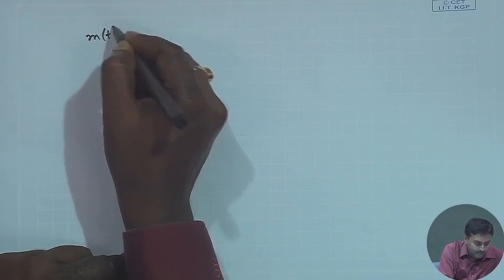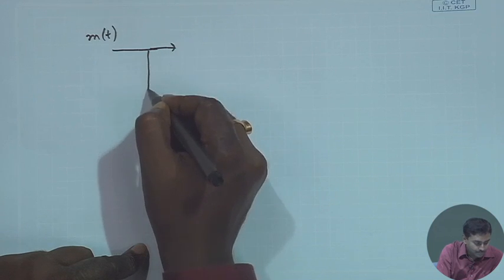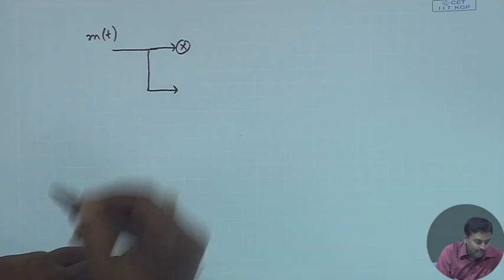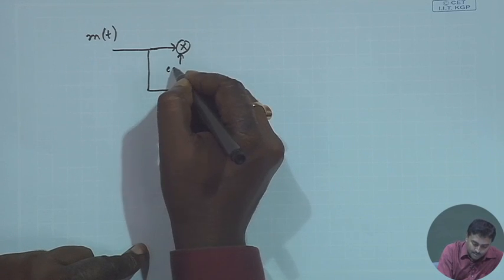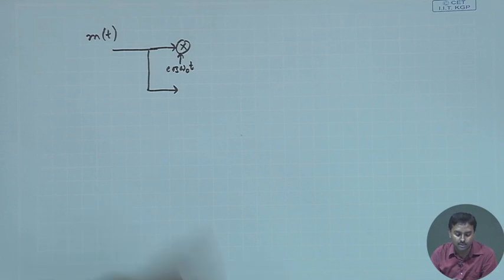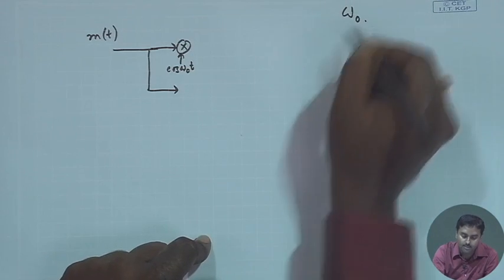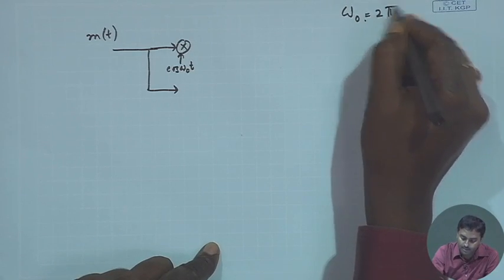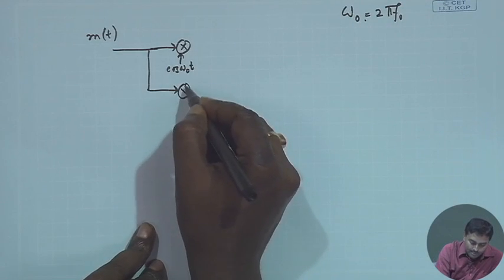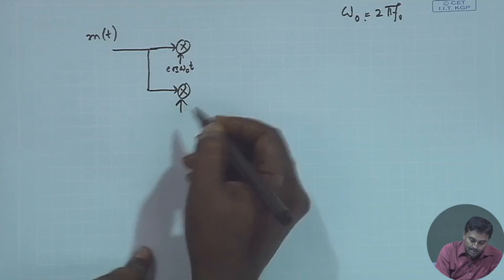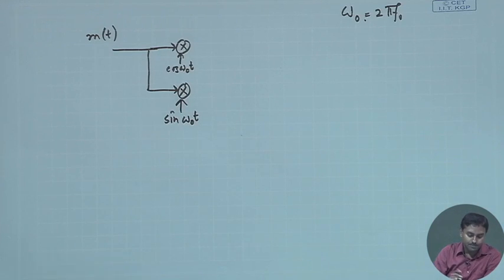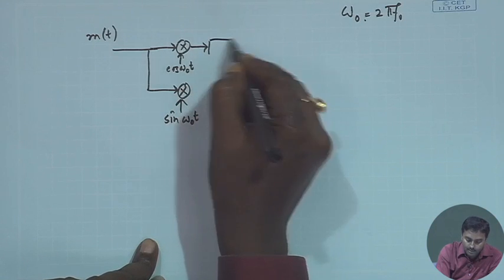So you have m(t). This is one arm where you have a multiplier. You multiply this by cos omega_0 t or 2 pi f_0 t. We'll talk about what this omega_0 is. And in the other arm, you multiply by sin omega_0 t. After that, you put a low pass filter.